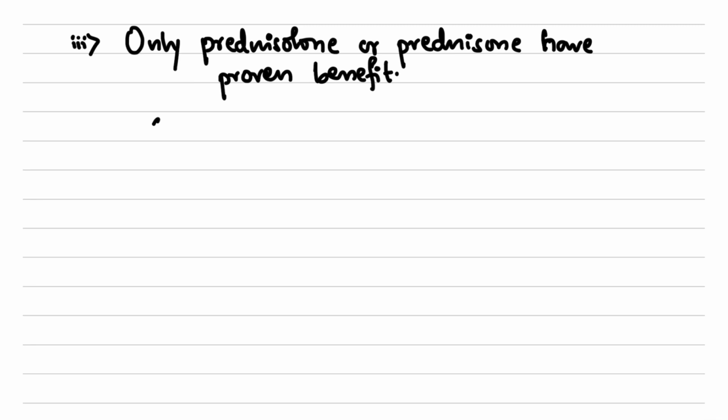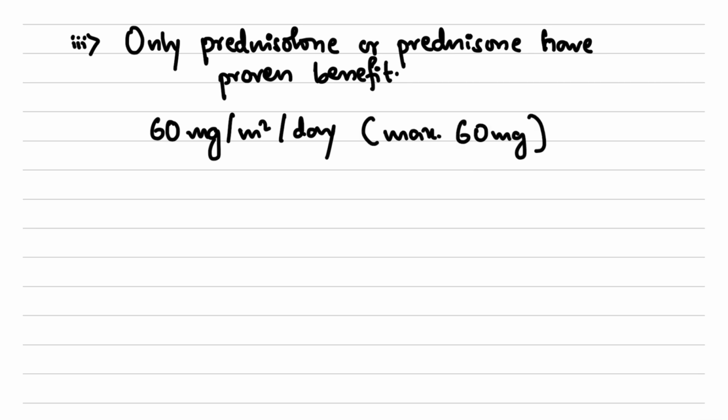What is the dosage that we will give? We will give 60 mg per meter square per day. That is maximum of 60 mg. This is given for 6 weeks.